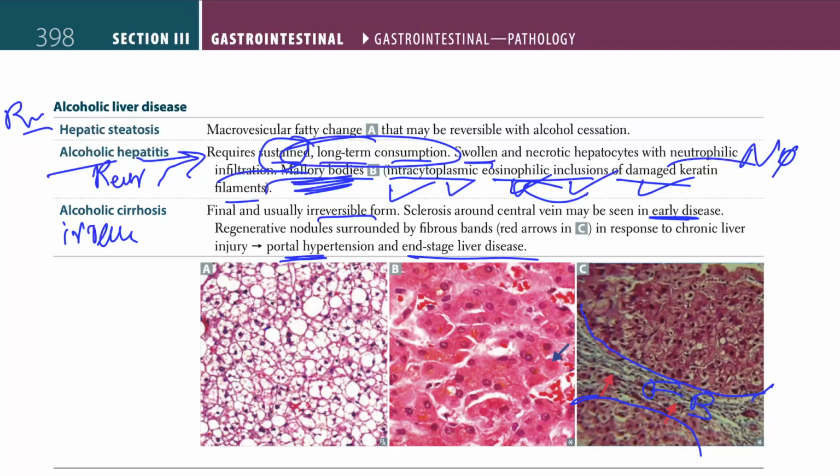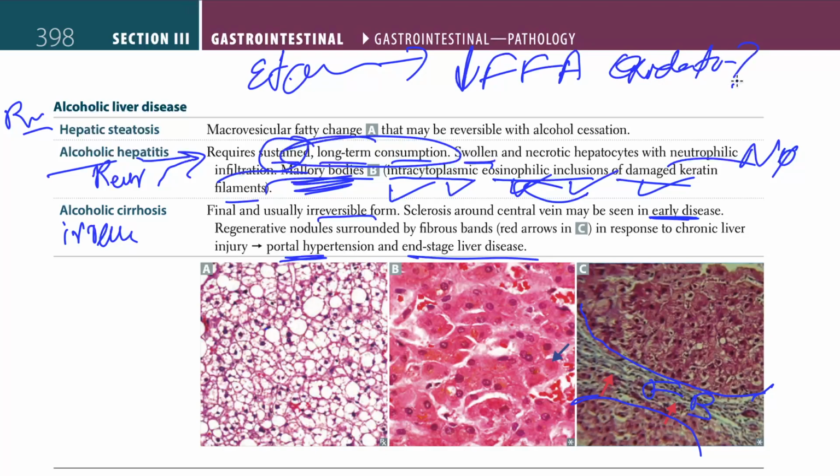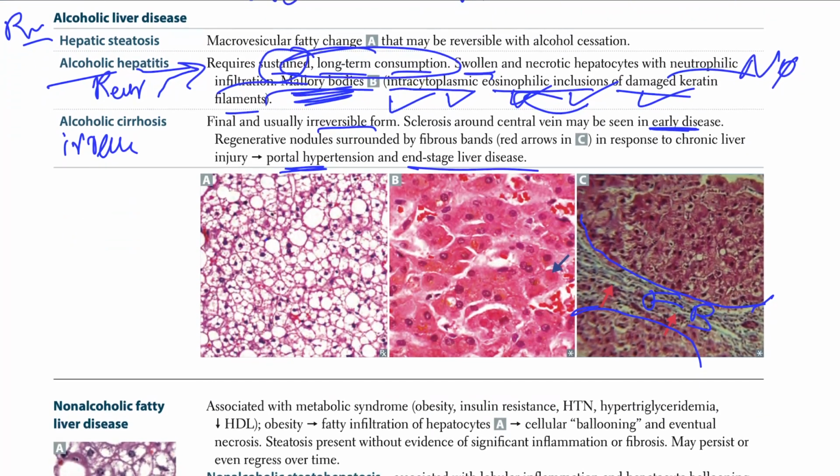Okay. Now the thing is, if you go back to your normal pathology, when you give alcohol, how come you had the decrease in free fatty acid oxidation? That has to do with the metabolism of the liver.